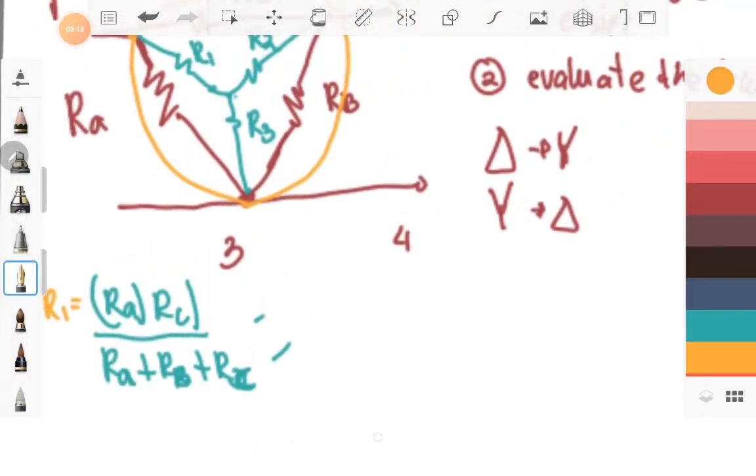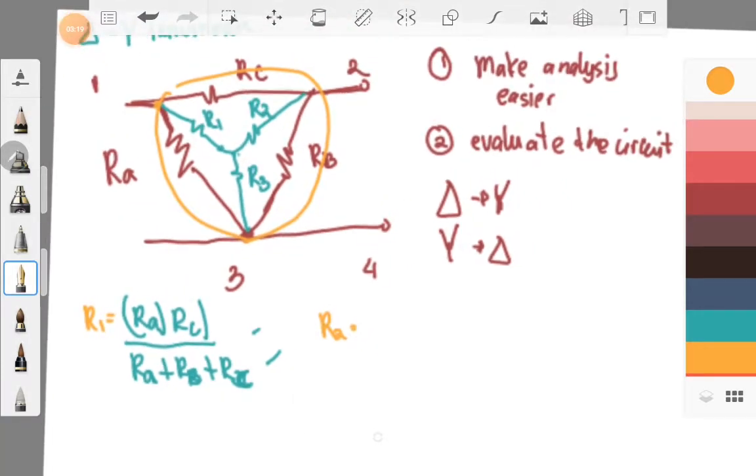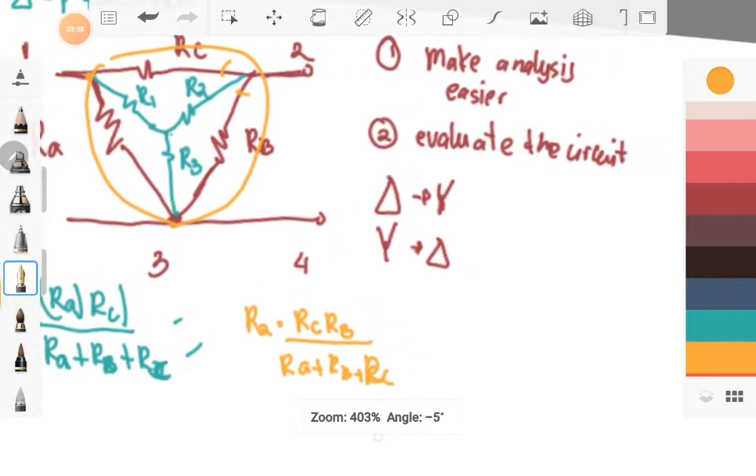Basically, your R2 is equal to, so we have RC, ano yung mga resistors na nakakonekta sa kanya? We have our RC and RB, right? So, we have RC multiplied by my RB divided by our total of the resistance RA plus RB plus RC. And then, my connection R3.